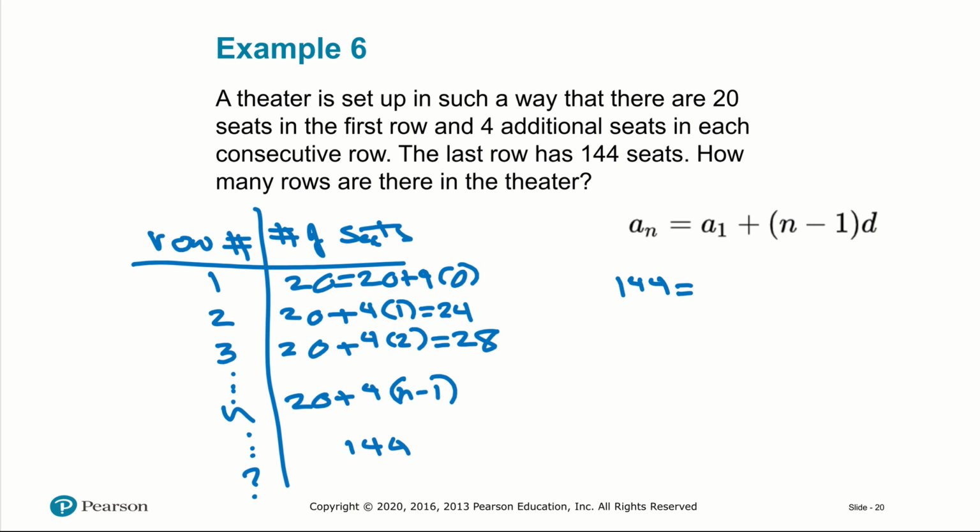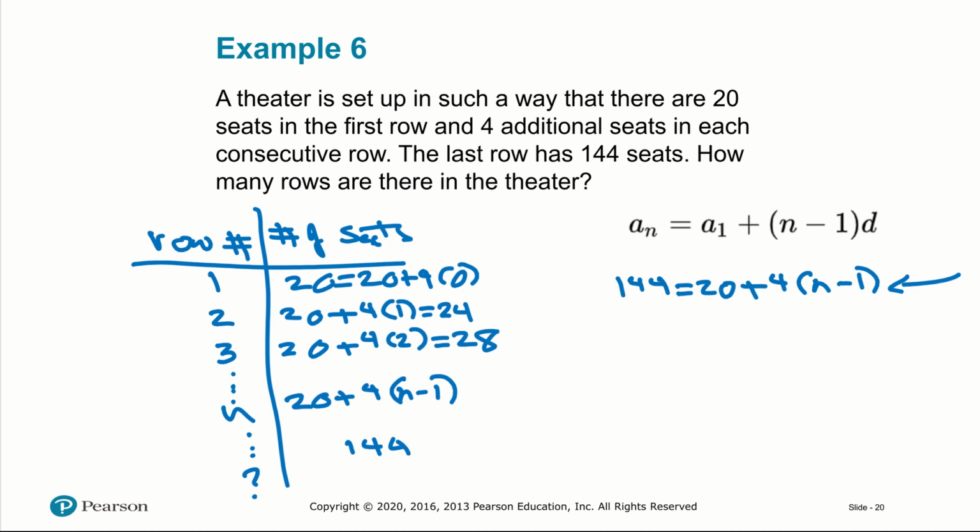144 equals 20 plus 4 times n minus 1. Now, we could have jumped to this from the get-go because we knew that we have an arithmetic sequence.